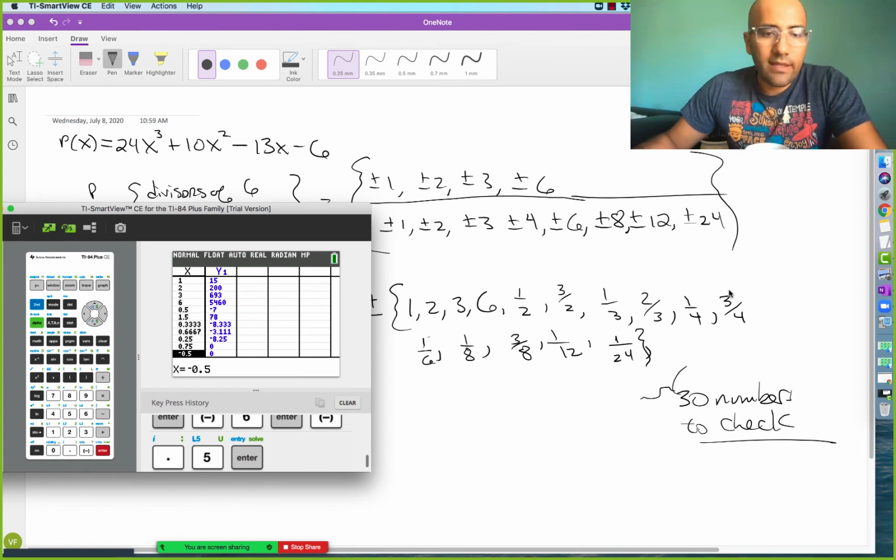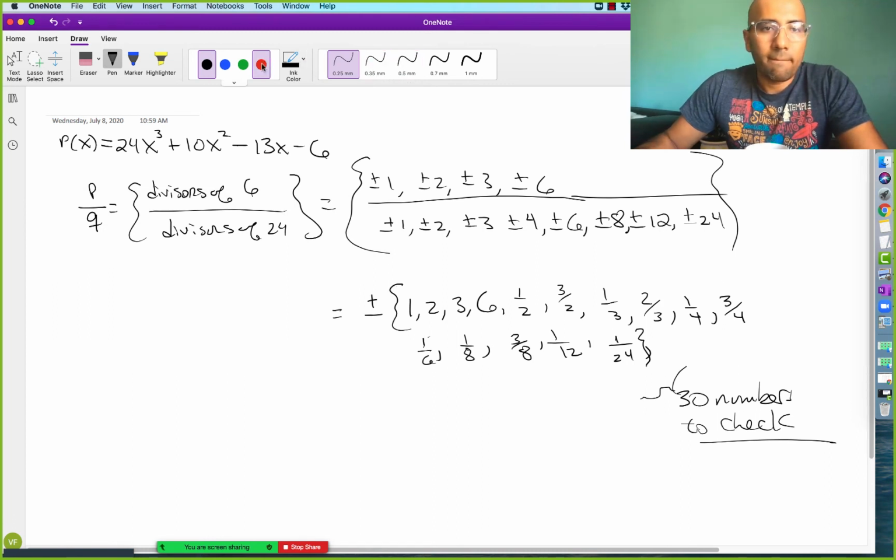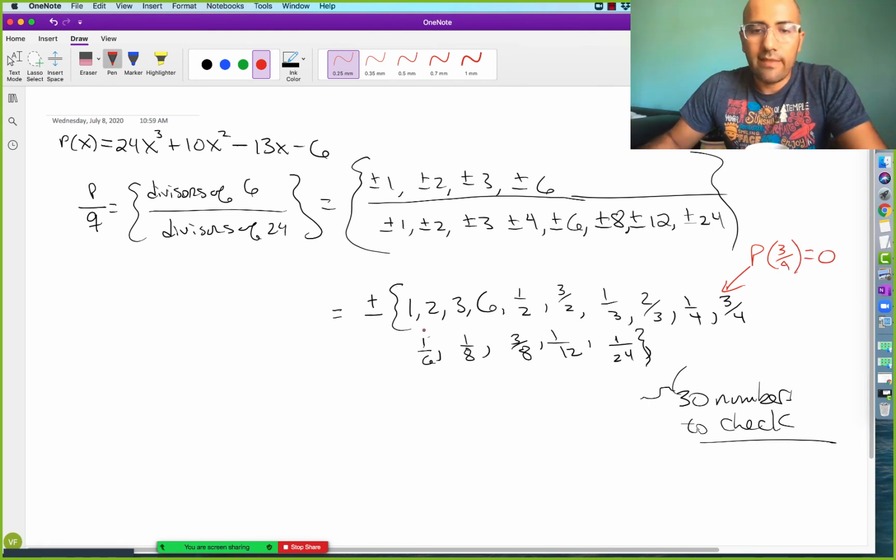So we know that 0.75 and negative 1/2 worked, right? This one worked. P of 3/4 was 0. And then negative 1/2, which comes from this plus or minus here. P of negative 1/2 was also a 0. So I know for a fact that x minus negative 1/2, otherwise known as x plus 1/2, will be a divisor of my polynomial.